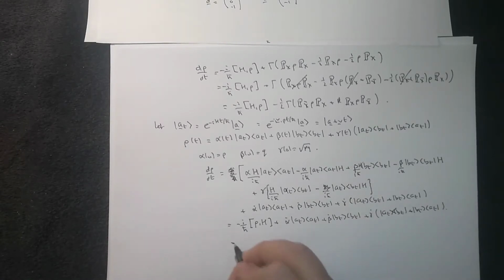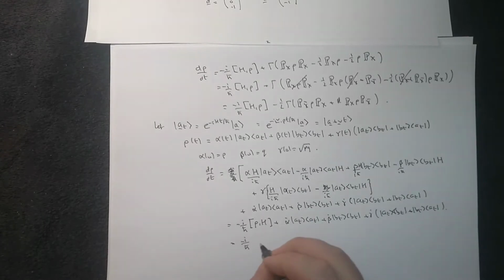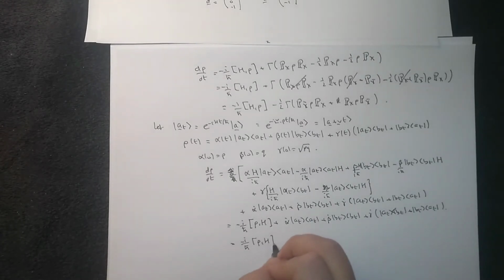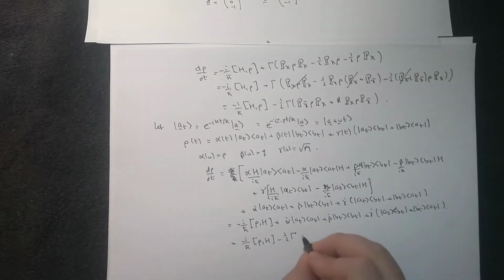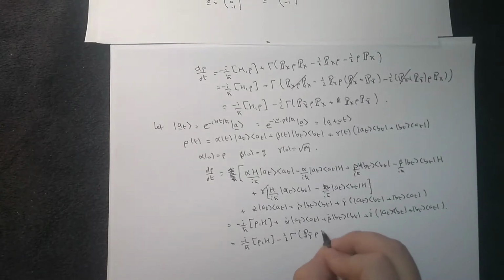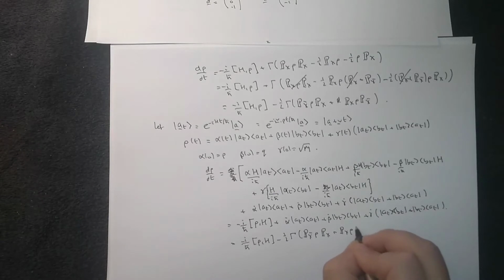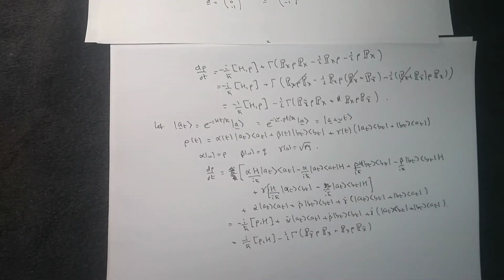Now compare that with the Lindblad form of the master equation. It's got to be that commutator of H with rho minus a half gamma P_X bar rho P_X plus P_X rho P_X bar.